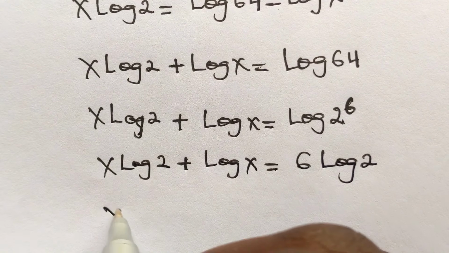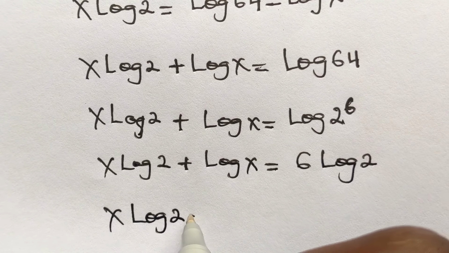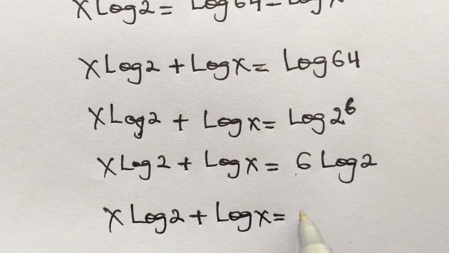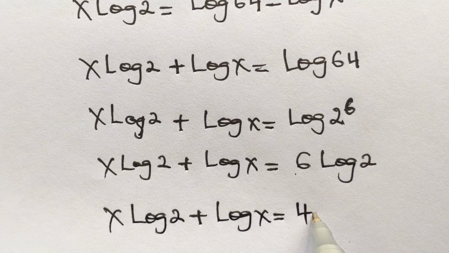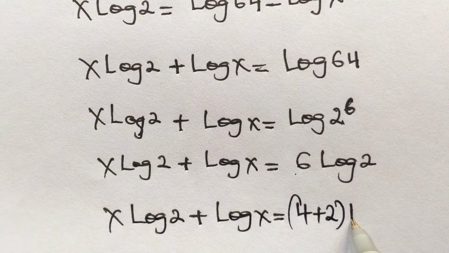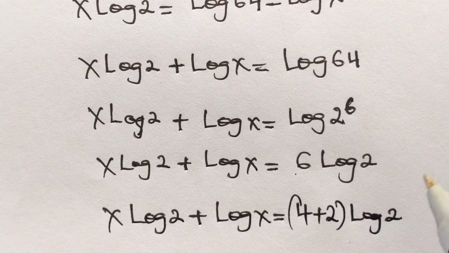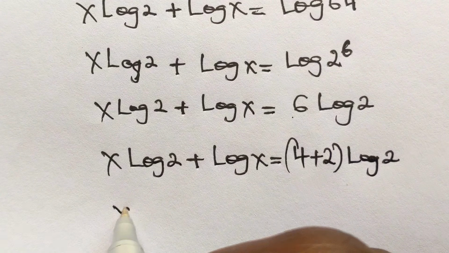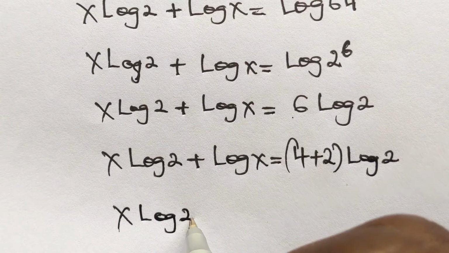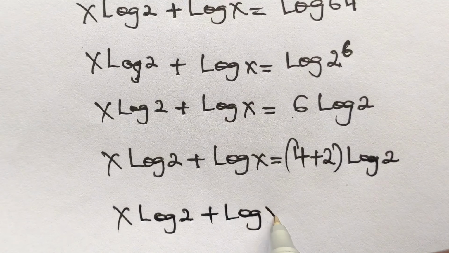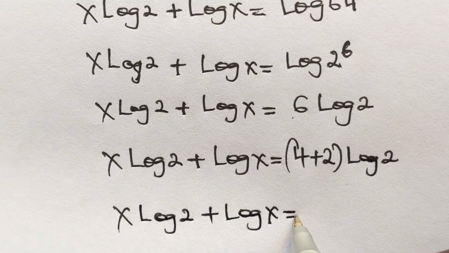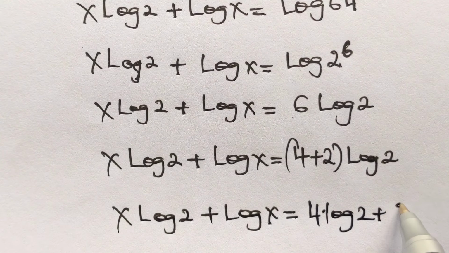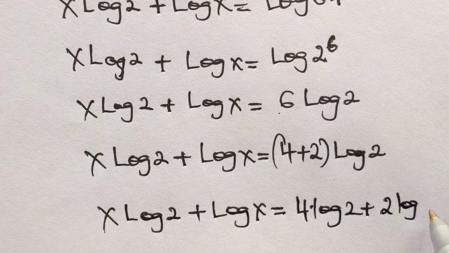At this stage, x log 2 plus log x will be, this 6 can be written as 4 plus 2, times log 2. Then of course x log 2 plus log x will be 4 log 2 plus 2 log 2.